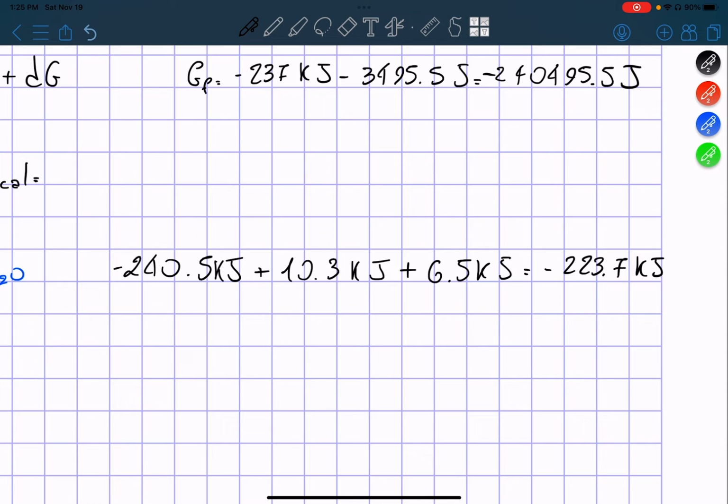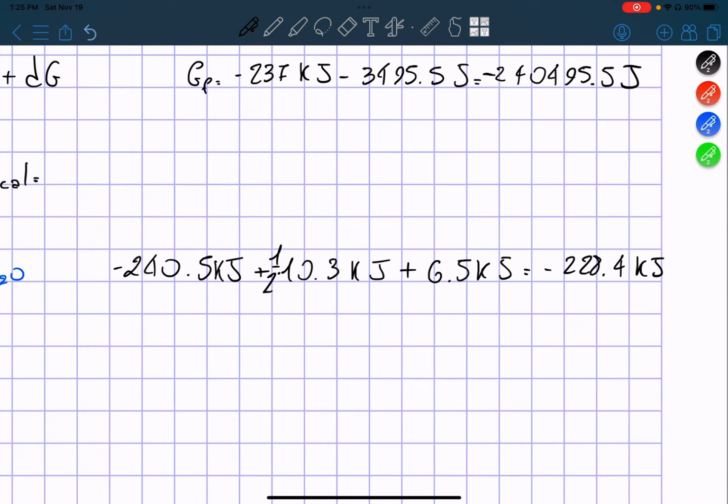Oh, actually I forgot to put the 1/2 in front of here. That was a pretty bad mistake. So 1/2 of that, which equals 5.65, we get 228, I'm just going to say 4. That's good enough.